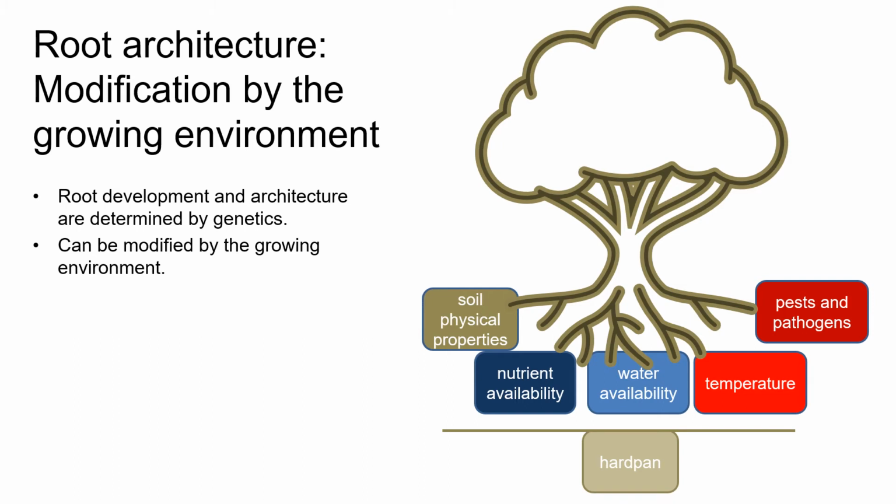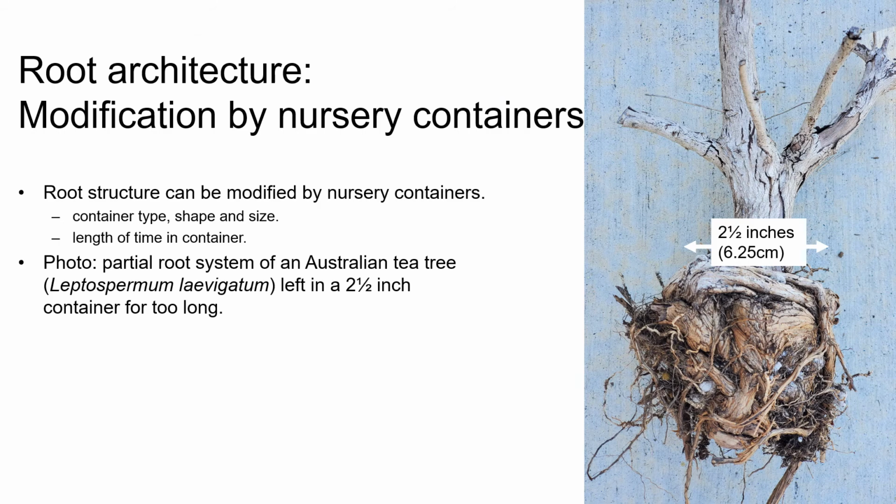In the ground or in containers, root structure can be modified by the soil or substrate physical properties, by the presence of a hard pan if you're growing in the ground, by nutrient and water availability, by soil or substrate temperature, and by pests and pathogens. In containerized plant production, root structure can also be influenced by the shape, size, and type of container, and the length of time that we leave a plant in a particular container.